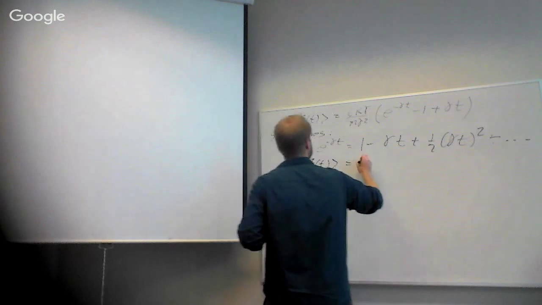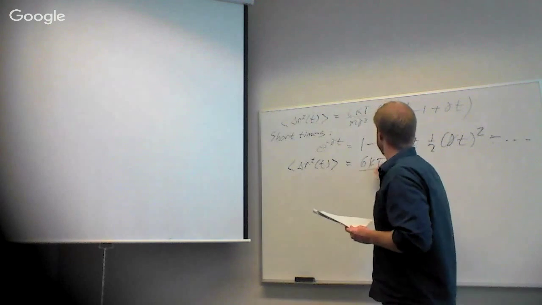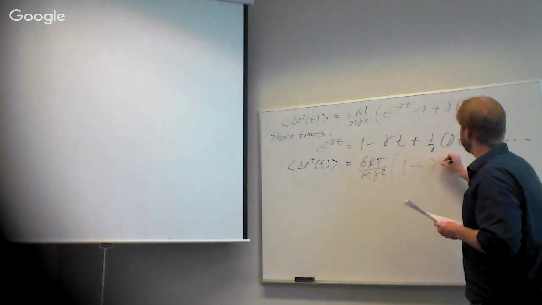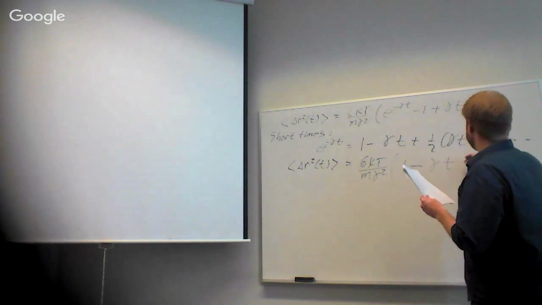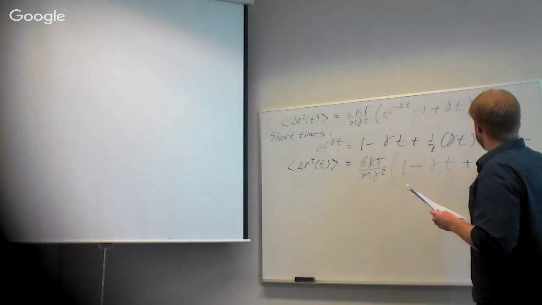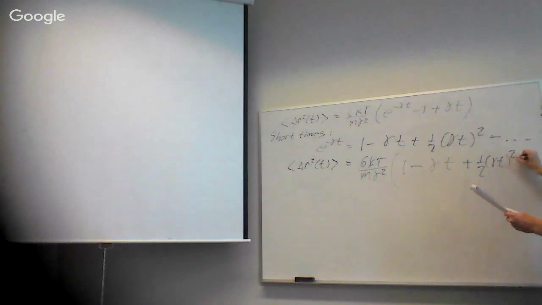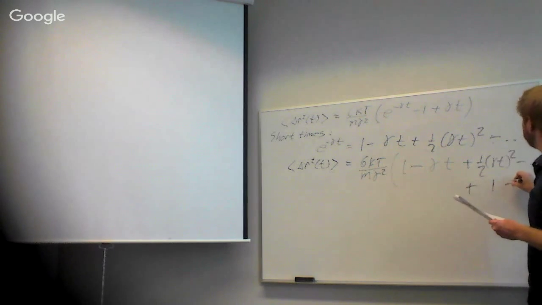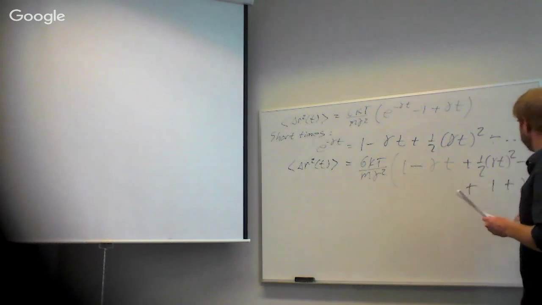So our mean square displacement at short time, we expect to follow 6kT over m gamma squared, including the first terms here, plus 1 plus gamma t.